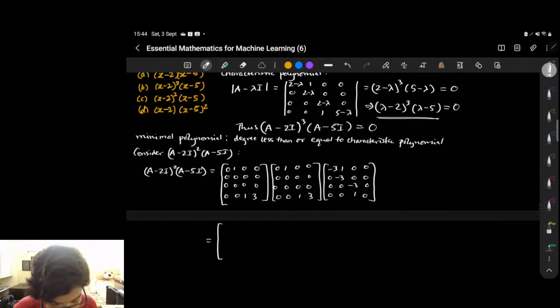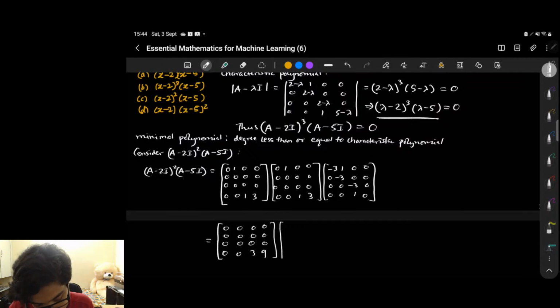The first two matrices, let us do A minus 2I squared first. So this is 0, 0. First row is entirely 0. Second row will also be entirely 0 because it is a 0 row. Third row also 0. Then let us look at the fourth row. So 0, 0. Then 1 into 3, and then 3 into 3, that is 9. Times A minus 5I.